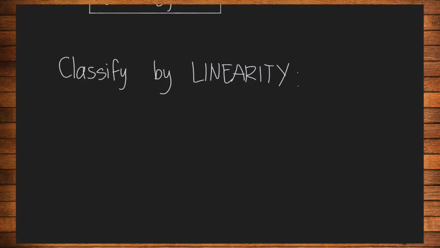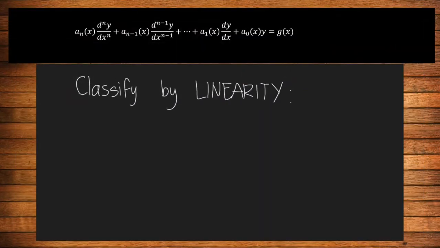So, an ordinary differential equation of order n is called linear if it may be written in the form, yan, yung nakalagay sa taas. So, that is a_n of x times the nth derivative of y with respect to x plus a_(n-1) of x times the (n-1)th derivative of y with respect to x plus a_1 of x times the first derivative of y with respect to x plus a_0 of x times y equal to g of x.